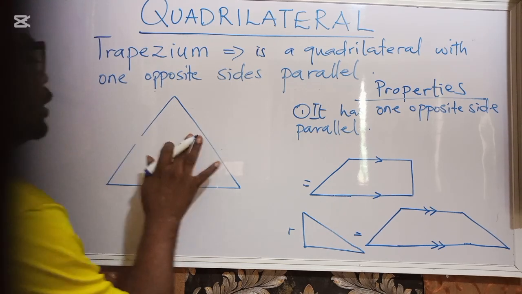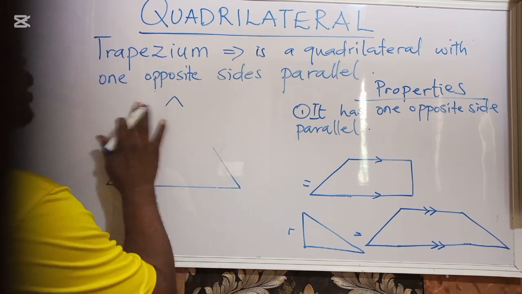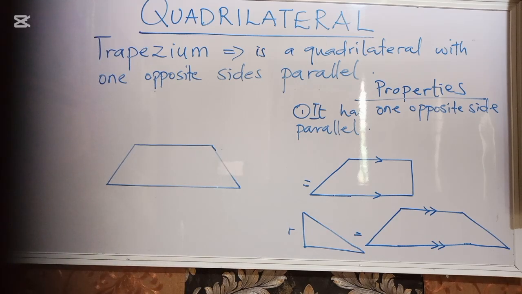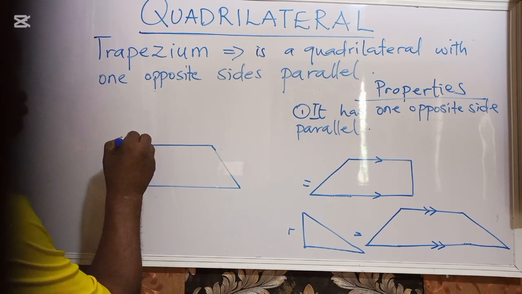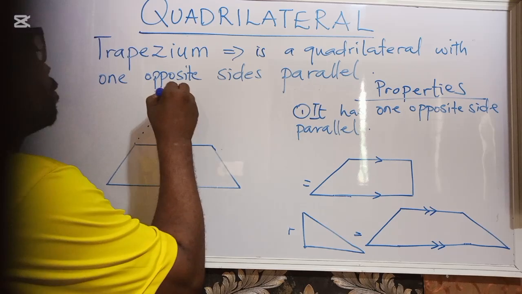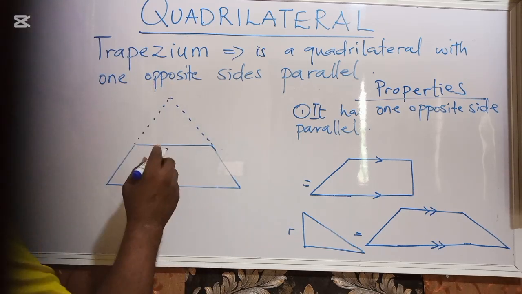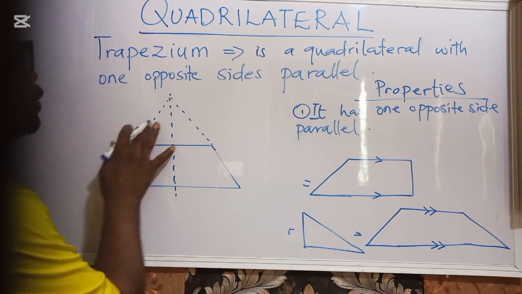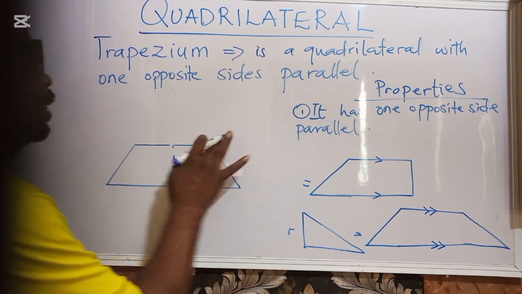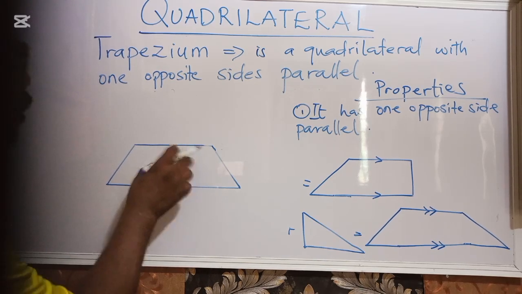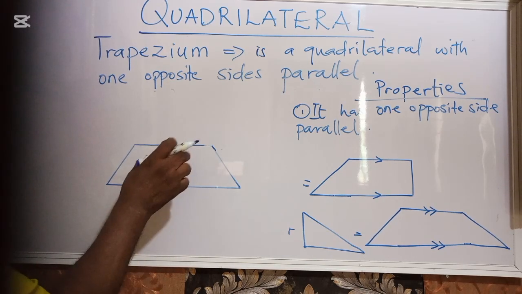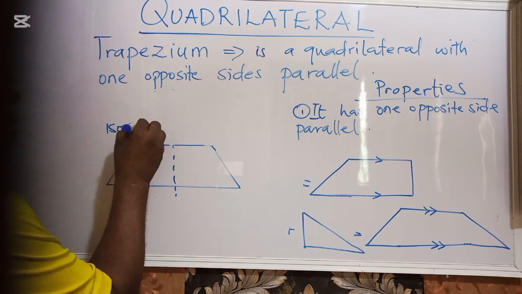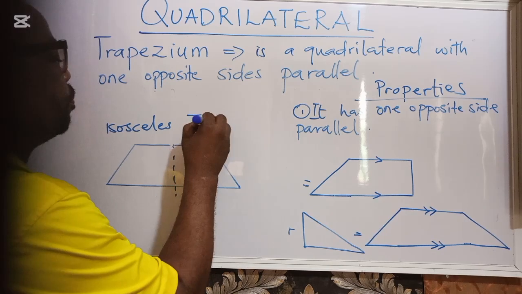If I truncate it like this, removing this one and joining this one together, it becomes a trapezium. But let us look at where it's coming from. It's coming from an equilateral triangle, and this side is a line of symmetry. So if you remove the top like this, it still means that this one has a line of symmetry. So they call this one an isosceles trapezium.